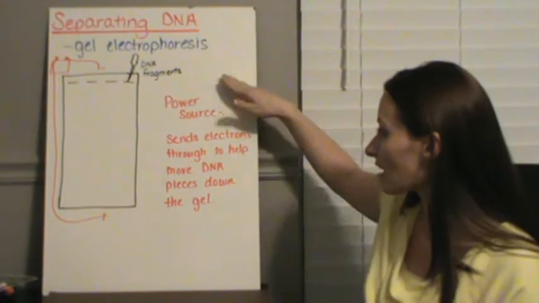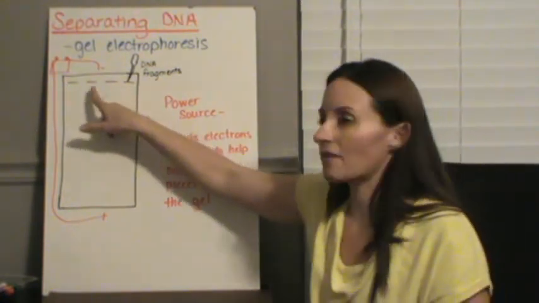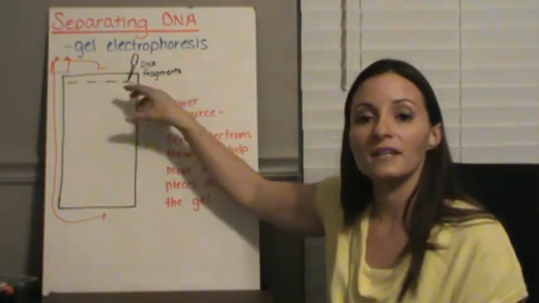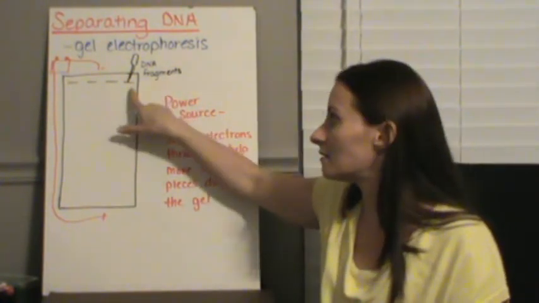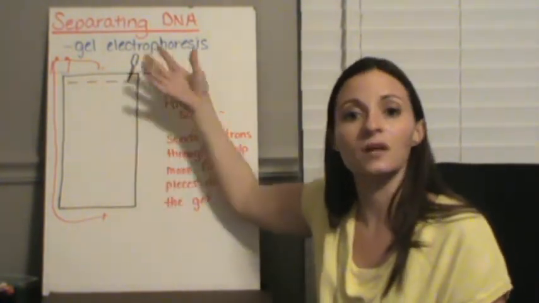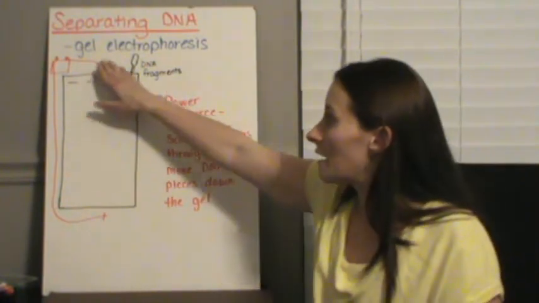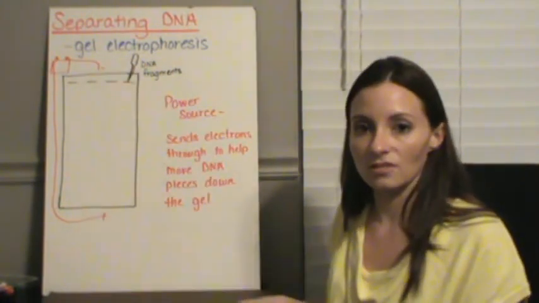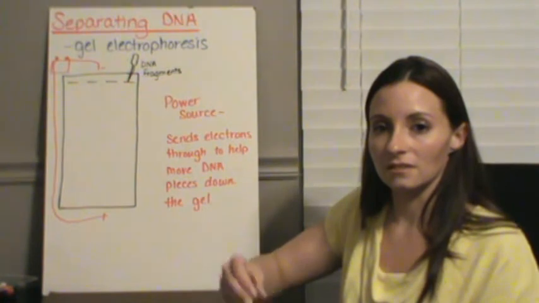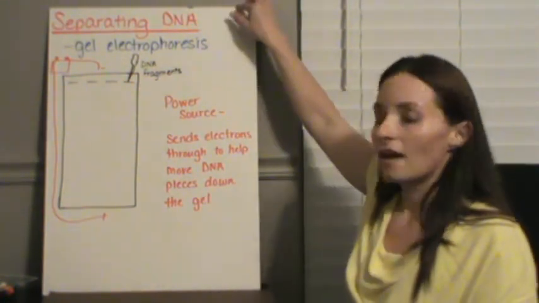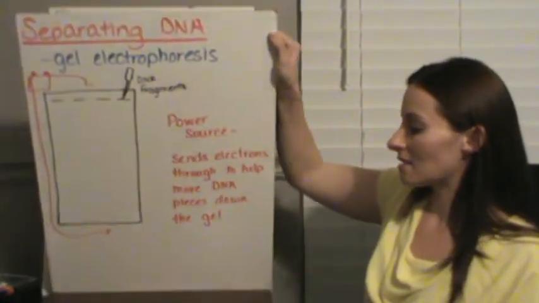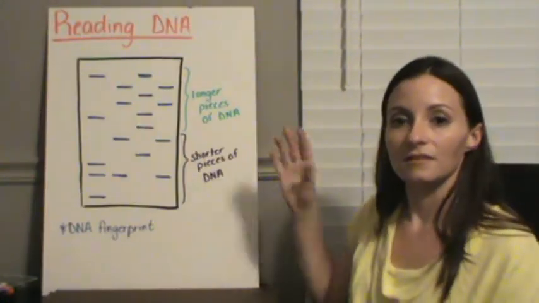Okay? So our DNA fragments start at the top, and you would put one person's DNA in each of these, so then you can compare them together. Send the electrons through, allow the DNA pieces to move through the gel, and then we dye the gel piece.